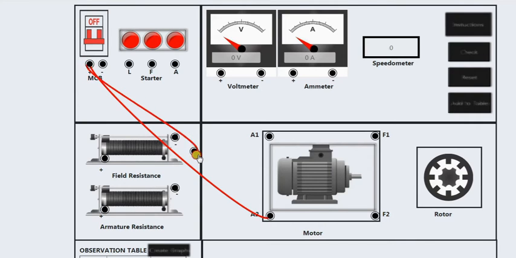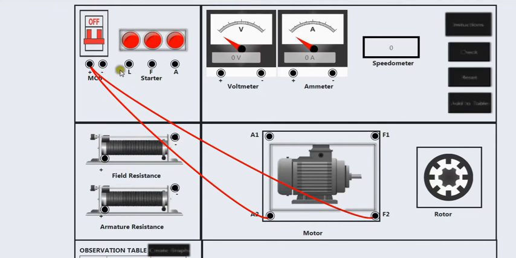So one terminal of both armature and field is connected to the supply. Then connect the line terminal to the negative point of the supply.